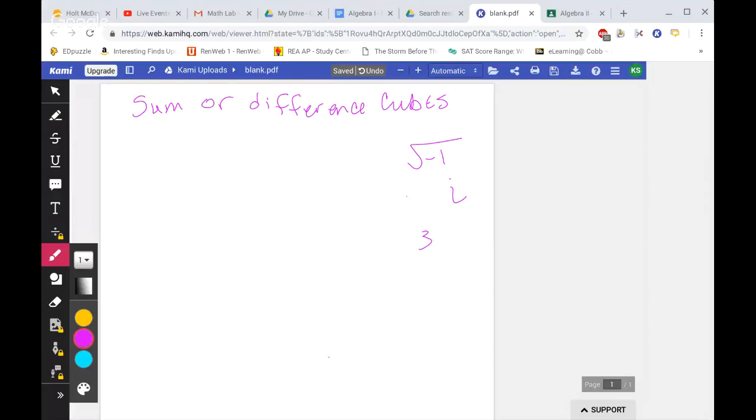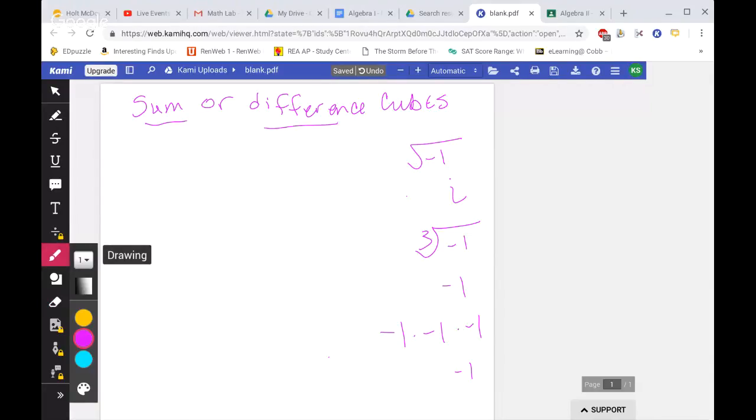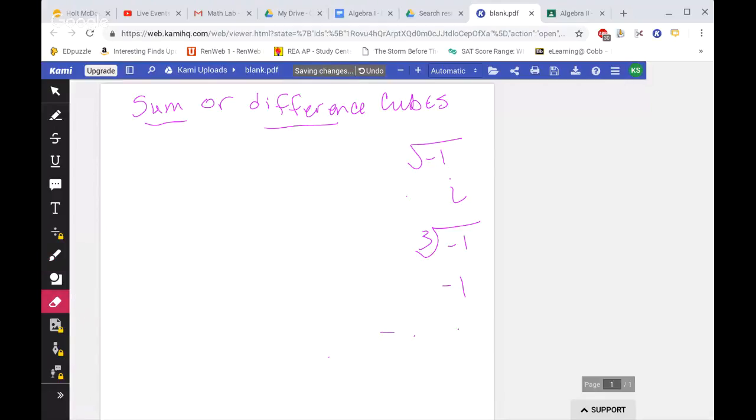But you can take the cube root of a negative, right? Because that's going to be -1, because -1 times -1 times -1 is -1. Oh, that makes sense. And so that's why you can do the sum or the difference of cubes and factor them with special factoring patterns.